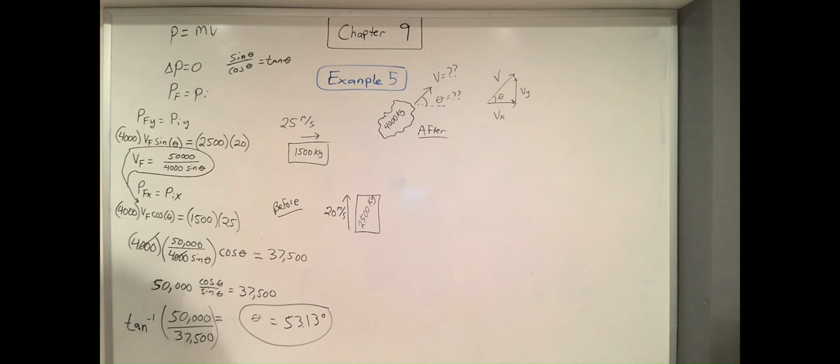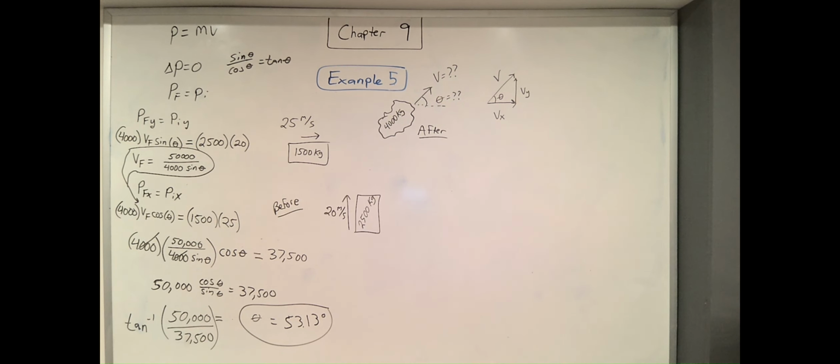All right, now I'm getting close. That's one of my answers. That's the direction. Now that I have the direction, all I've got to do is figure out what the V final is. How do I do that? I go back up to this equation that I made. This already has a V final. All I need to do is plug in the theta, and I can solve for my V final.